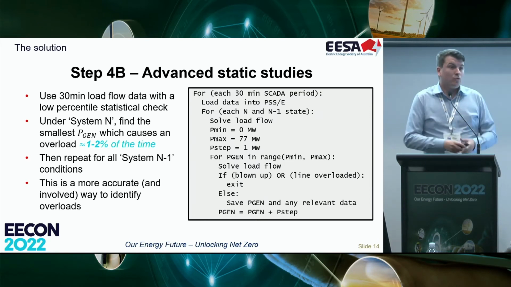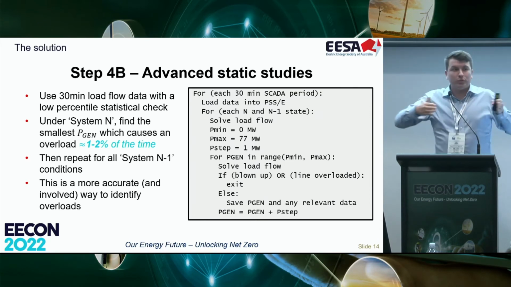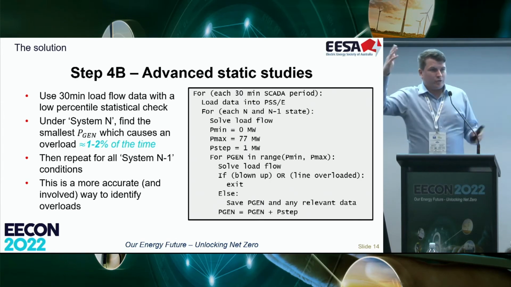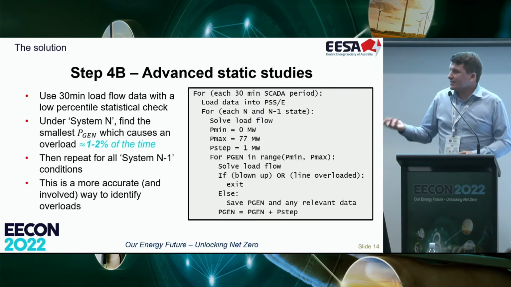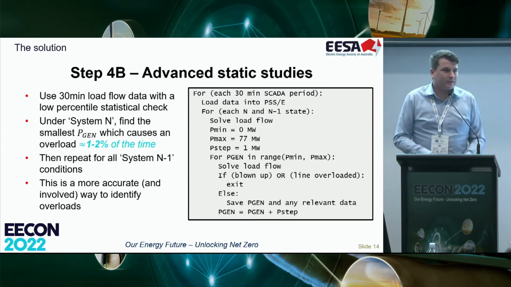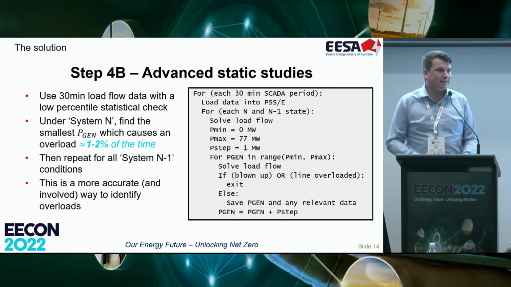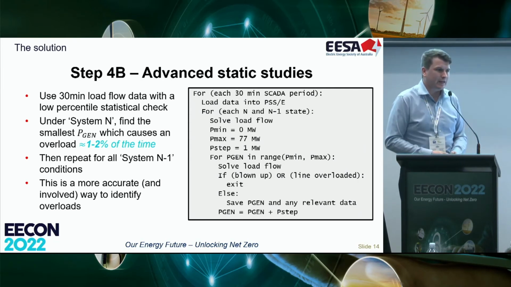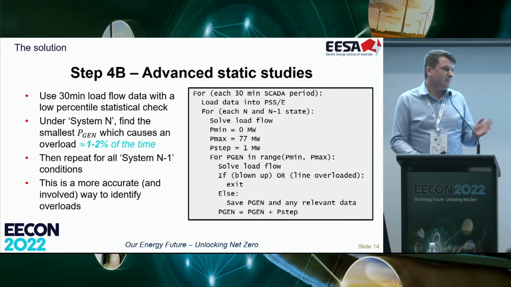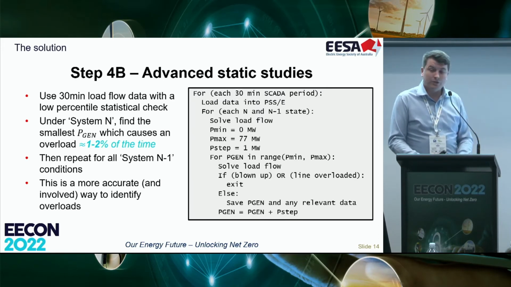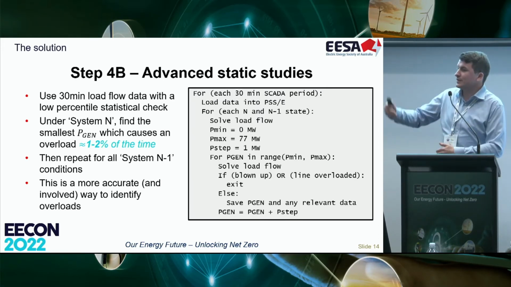Then you will get a distribution of Pmax. And you could take maybe a 1 or 2%, or if you want to think of it differently, a 99 or 98% probability of exceedance, and say that seems like a limit where we can get to the stage where we overload a line. A bit more advanced, but hopefully you can follow it. It's more accurate. You don't necessarily have to do this step. Remember that you can do this step as long as you want.